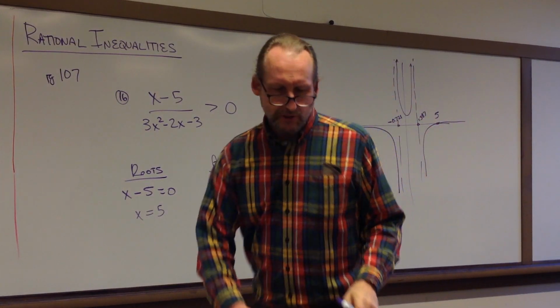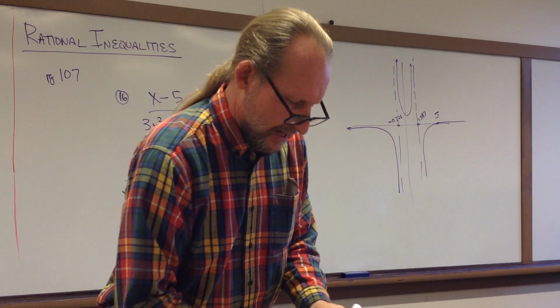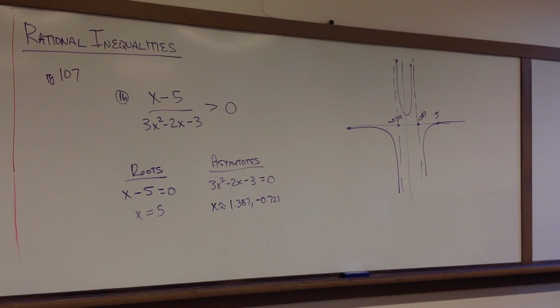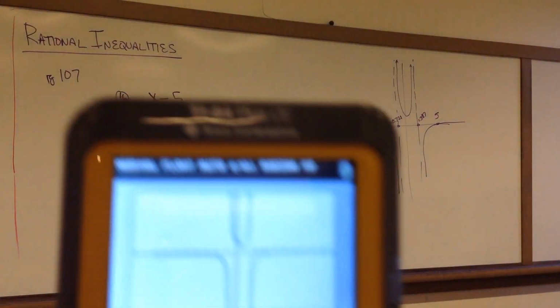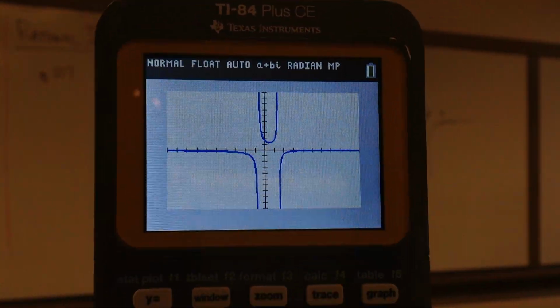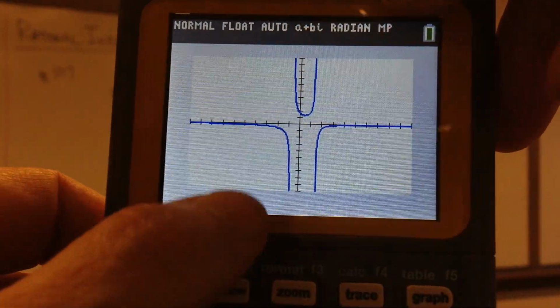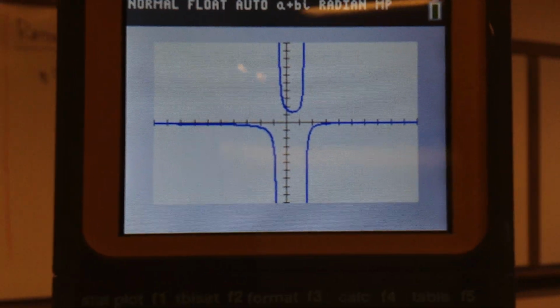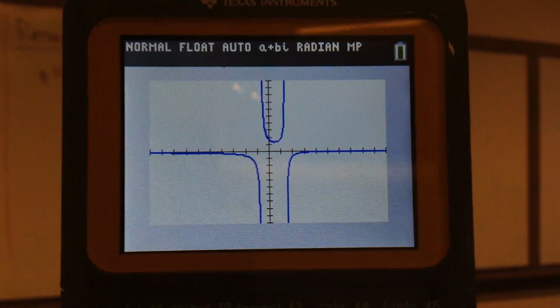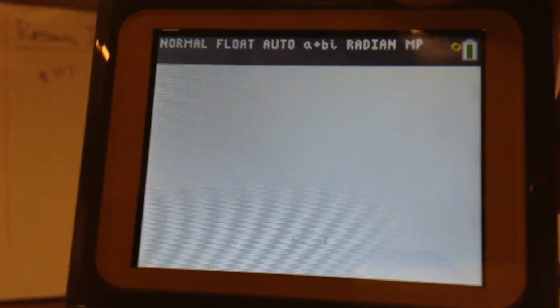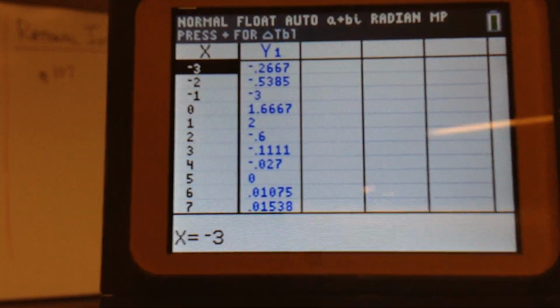Okay, so let me show you what it looks like on the graph. So there's the graph right there, and this is what I was saying about this section over here versus this section over here. They look the same, and it's kind of hard to tell whether or not there are any roots in there. That's why we want to solve algebraically so that we can see exactly where those are.